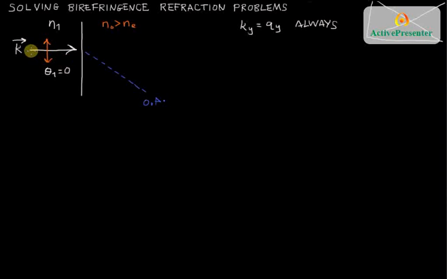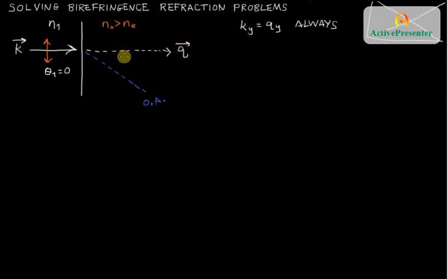And in this case, since the y component of k is 0, y being the up and down component, the q vector must also have no y component. So I'm going to draw a dashed line for the q vector. I'm going to assume this was air, and these numbers are both higher refractive indices than air. So to respect that proportionality to compare with the k vector, I'll make the q vector longer than the k vector.